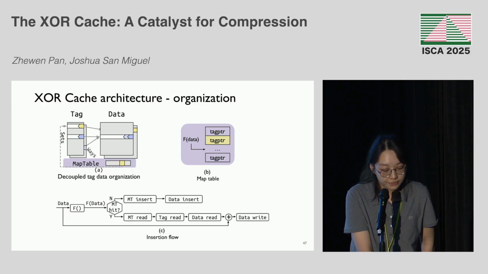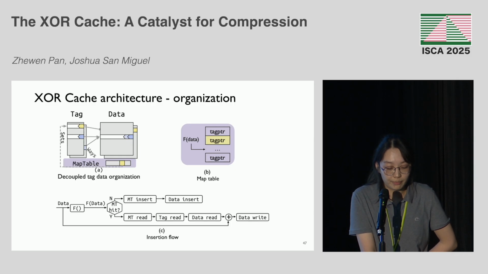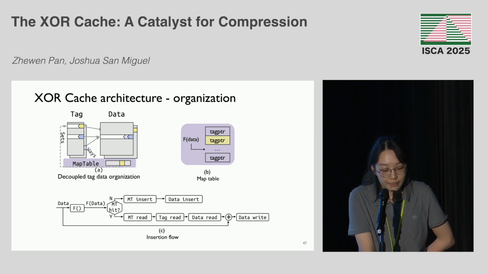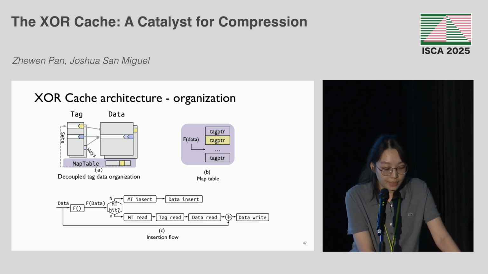XOR cache insertion flow is shown on the bottom, which is off the critical path. Using cache line's data, we compute the map function to index into the map table. Recall that the map table stores the tag pointers of the un-XORed lines. If the map table misses, meaning there is no similar candidate for now, we skip XOR compression and insert a tag into the map table.